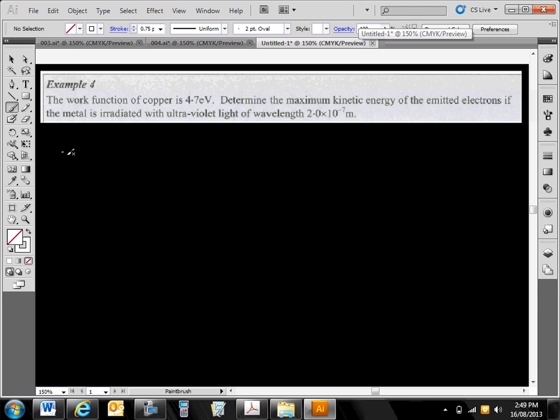Work function W equals 4.7 eV. They want us to find the maximum kinetic energy. So we're going to be using this formula, aren't we? We know that maximum kinetic energy is equal to h, Planck's constant, multiplied by the frequency, minus the work function of the metal.